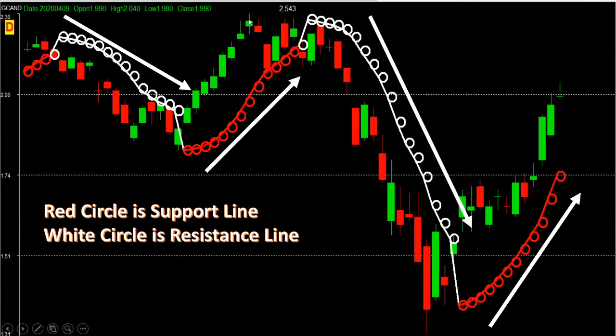So if the share has some correction and touches the red circle, in fact it will become the support. So you can see here, when the share suddenly has some correction, then it actually can be supported by the red circle. So you can even buy when it touches the red circle, right?